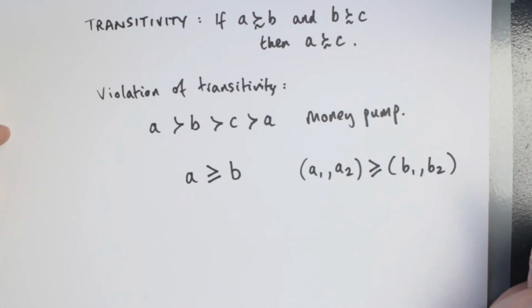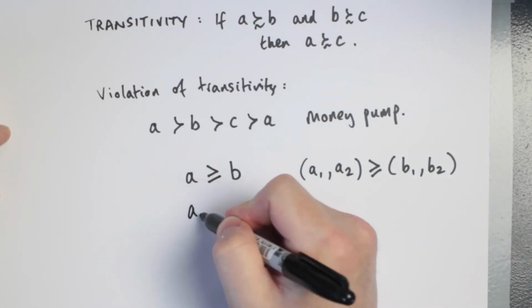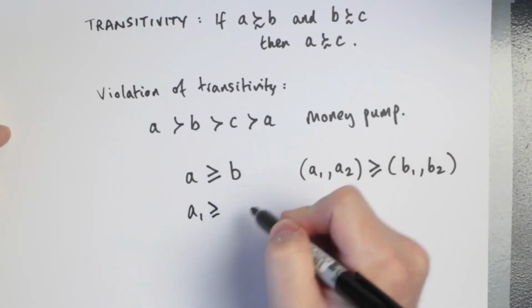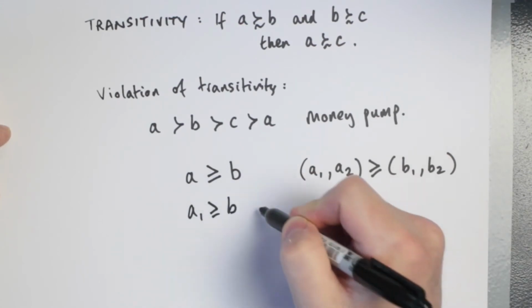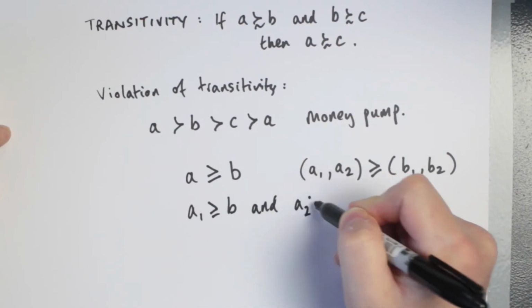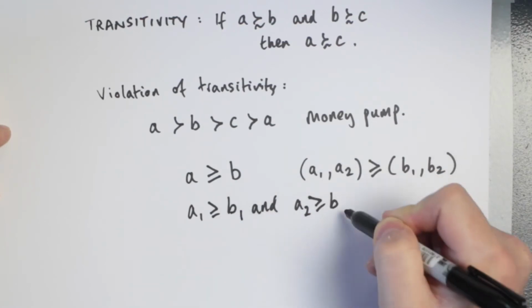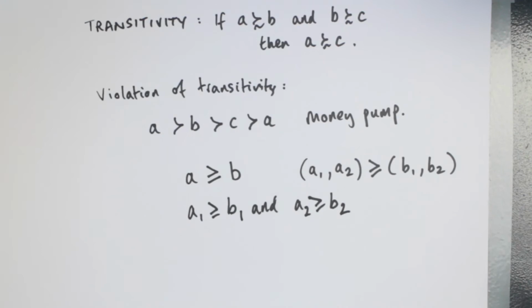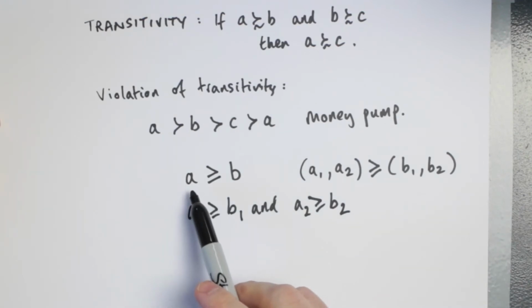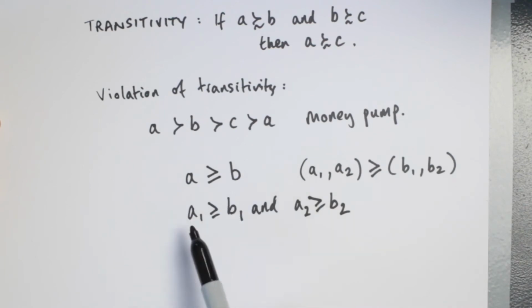What this notation means is that A1 is larger than or at least as large as B1, and A2 is at least as large as B2. So to say one two-dimensional object is greater than or equal to the other means that it is larger in both coordinates.